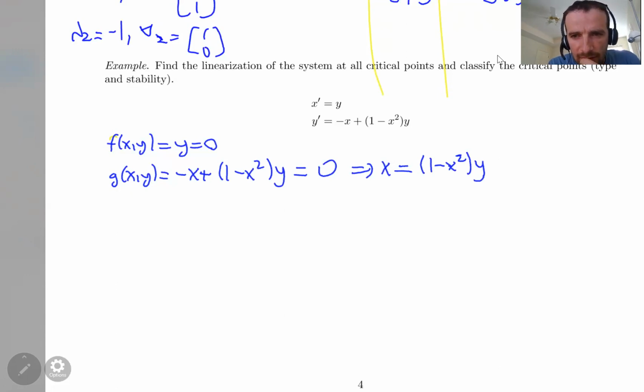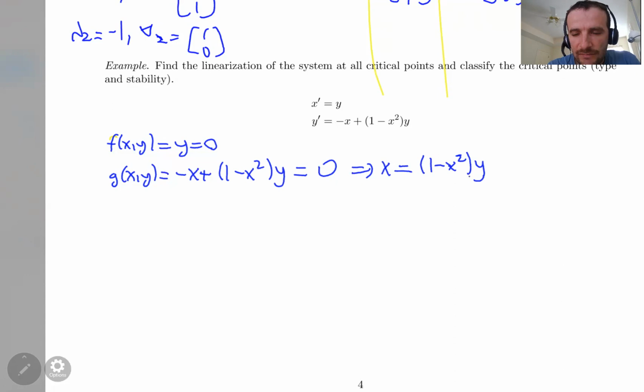And from there I can get, so which x values or y values make this happen? First of all, from the first equation, I have y is equal to 0, right? So I have to pick y is equal to 0 anyway.